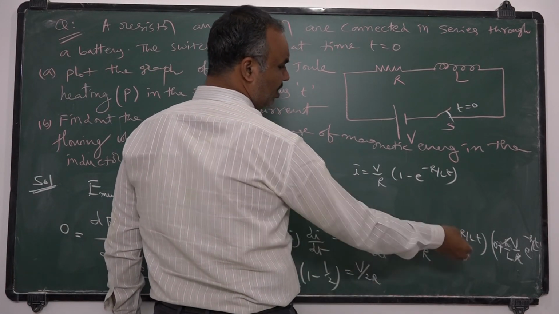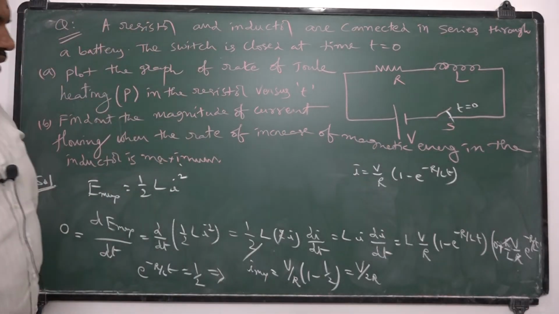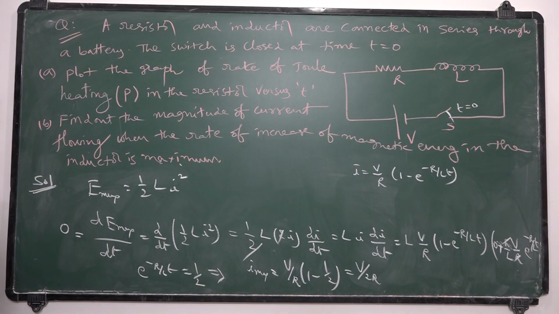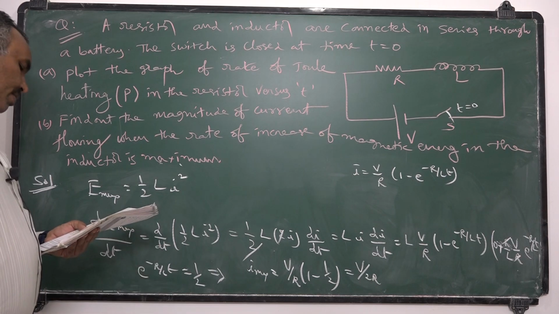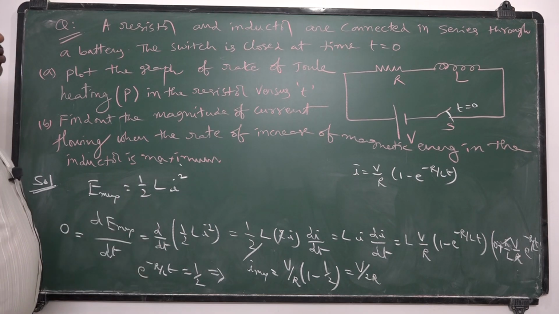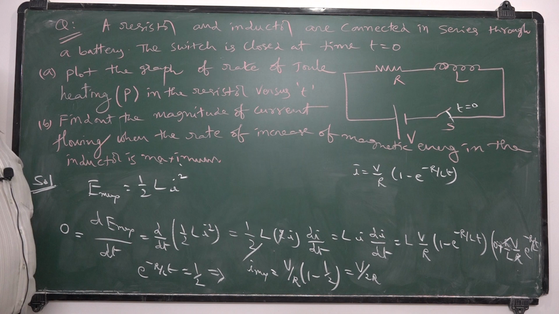This simplification is very simple, you can do it mathematically. So the final result is that the current passing through the circuit when the rate of increase of magnetic energy is maximum is V by 2R. This is the solution for the given question.